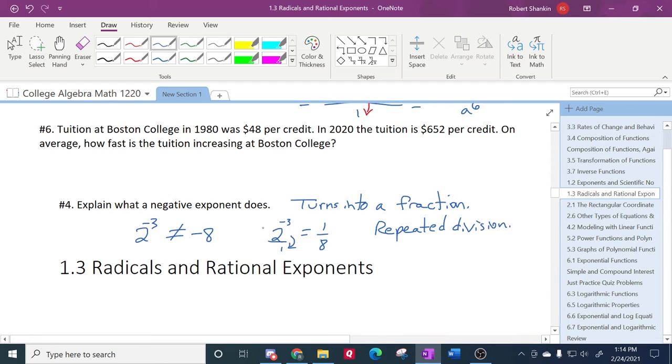And so there's kind of a repeated division instead of repeated multiplication. 2 to the positive 3 is repeated multiplication. But this is repeated division. So a couple different points of view. And does that answer your question? Yeah, thank you. You're welcome.